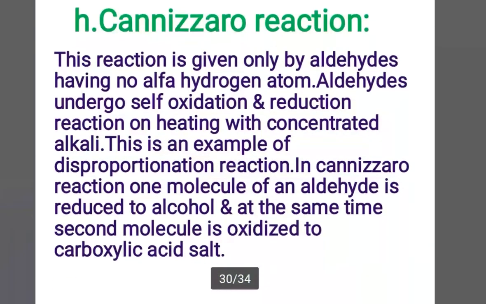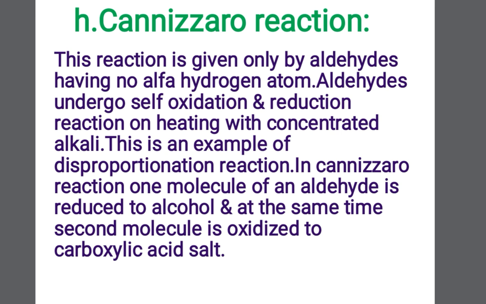Next, Cannizzaro reaction. This reaction is given only by aldehydes having no alpha hydrogen atom. Aldehydes undergo self-oxidation and reduction reaction on heating with concentrated alkali. This is an example of a disproportionation reaction.